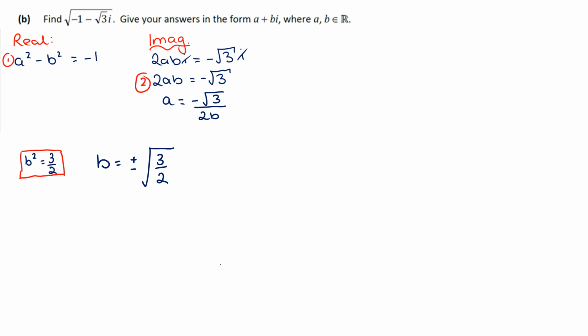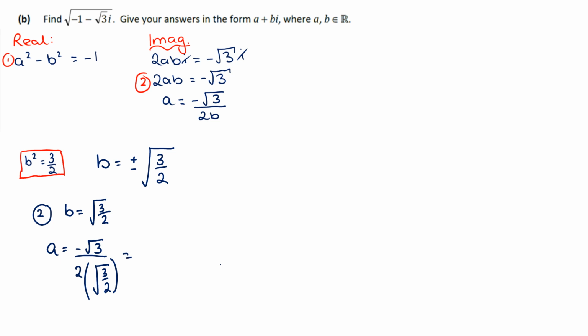So now that I know b, I can go back to equation 2 and find a. So let's start where b is equal to just root 3 over 2. Then a is minus root 3 all over 2 times root 3 over 2. So it looks something like this, and we should be able to clean that up.